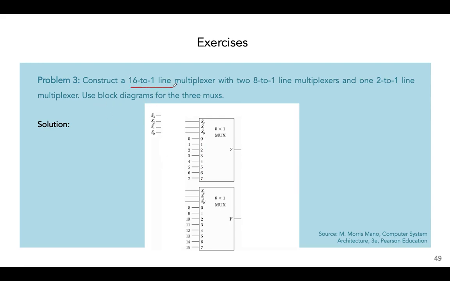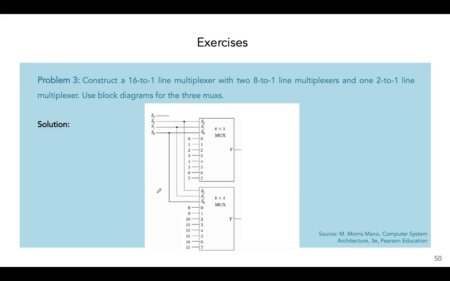Now, a 16 to 1 line multiplexer is supposed to have a total of 4 select lines, right? Because 2 to the power 4 is 16. So if we're going to design a 16 to 1 line multiplexer, it should have a total of 4 select lines. But we have 6 separate select lines. We need 4, we have 6. So we'll have to find a way to combine multiple select lines.